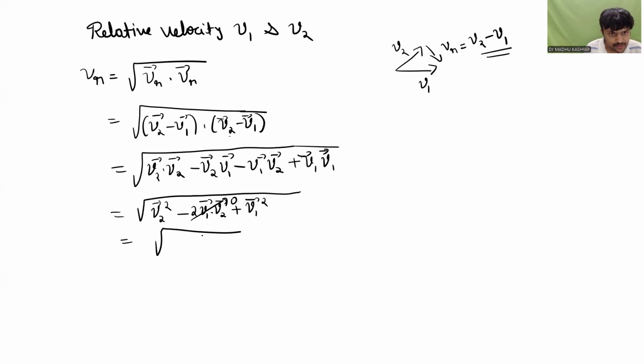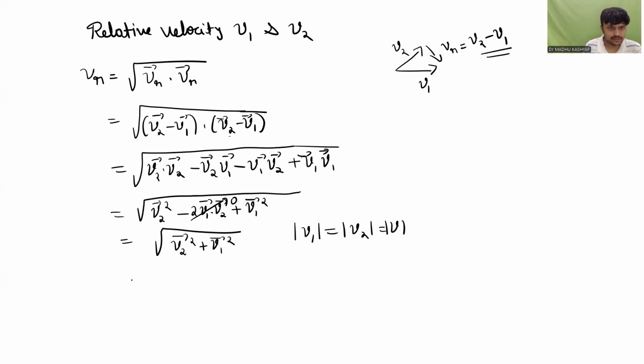So this will be the square root of v2 squared plus v1 squared. Here we can substitute v1 equal to v2 equal to v.